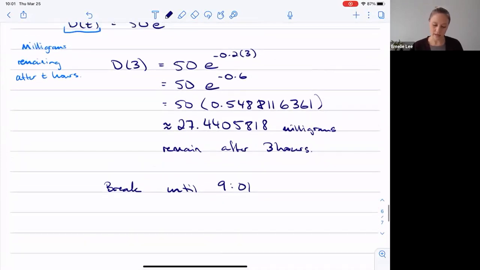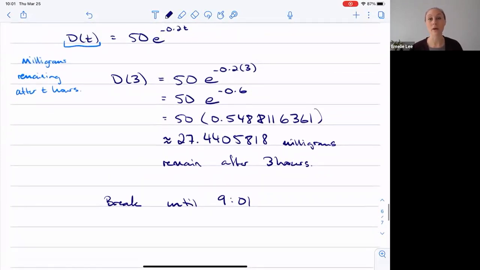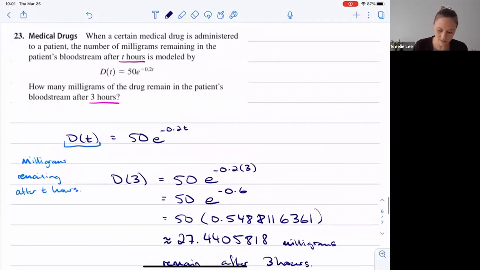Okay, so for what I'm expecting you to do, I'm just going to give you the function like this, and then you're going to use the function to evaluate it. So I'm going to give you some input, so t is 3, and then you're just going to find what the output is.